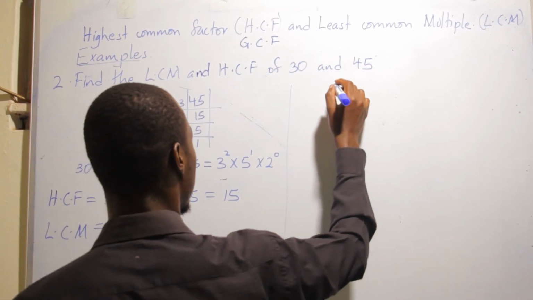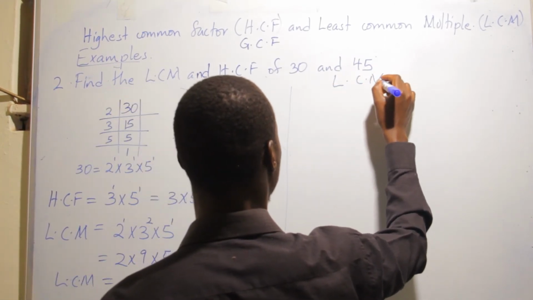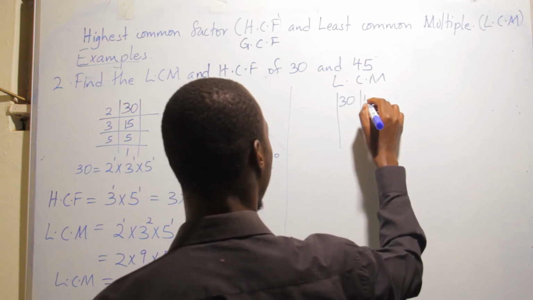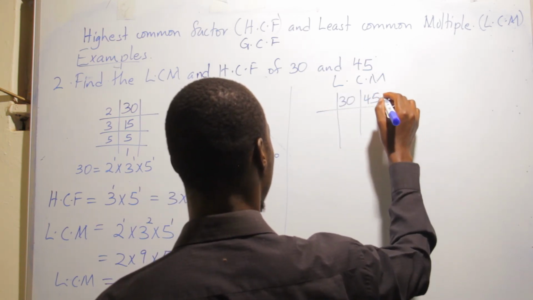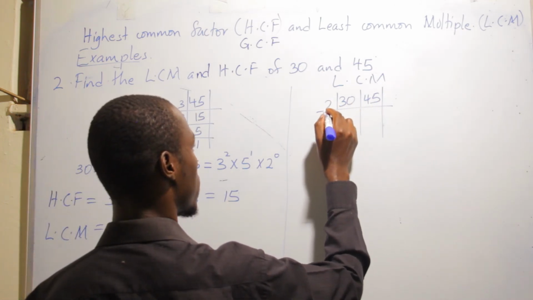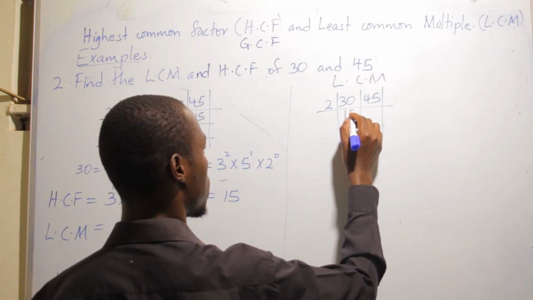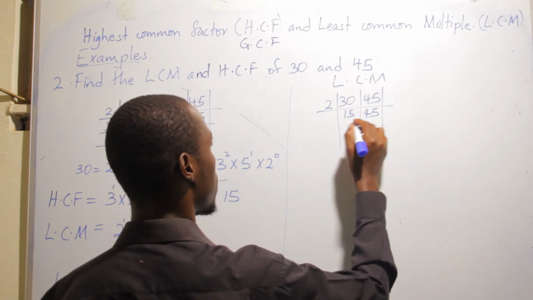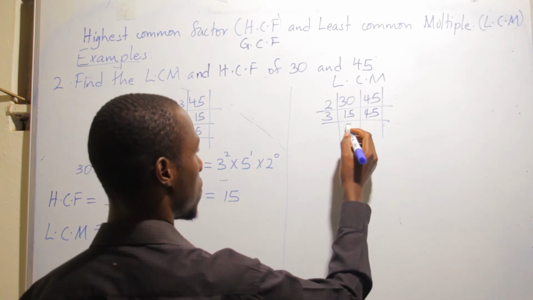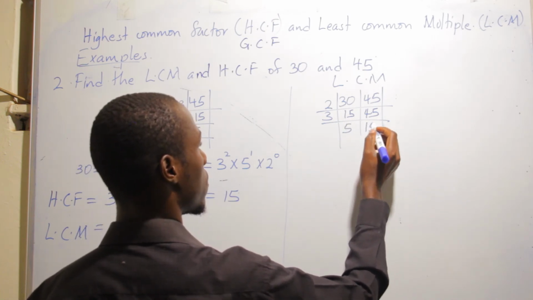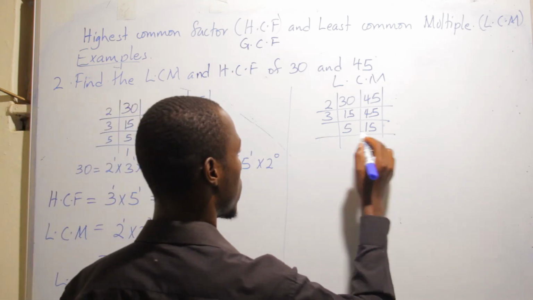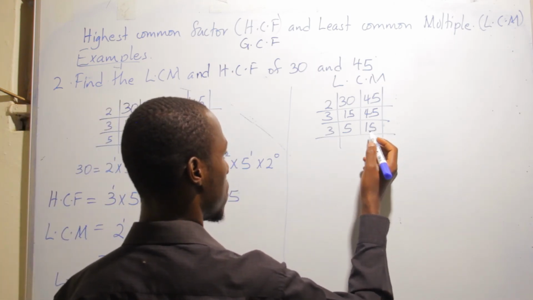The other alternative is to find the LCM using the ladder method. We pick a number that can divide any of the two numbers. That is a 2 can divide 30 to have 15. I keep the 45. 3 can divide 15 to get 5. 3 divides 45 to get 15. 3 can still divide 15 to get 5.